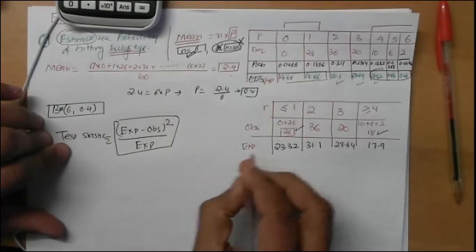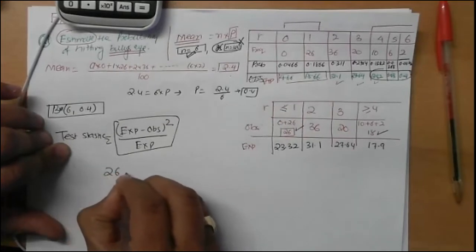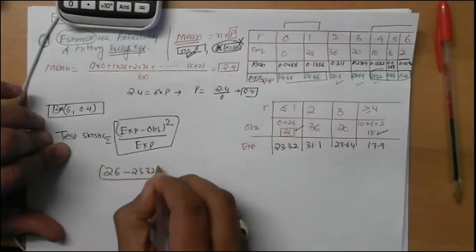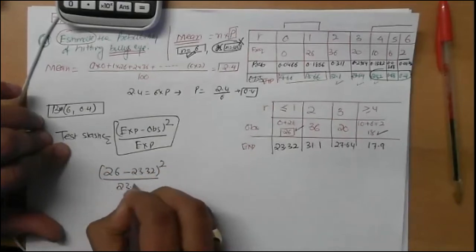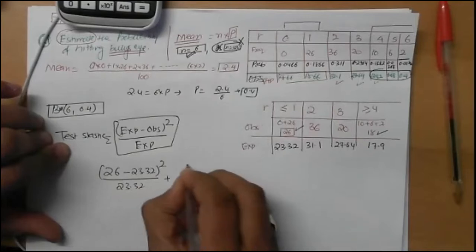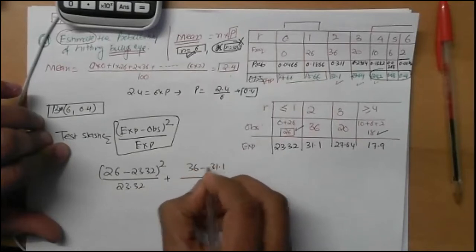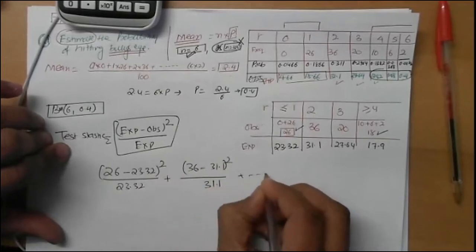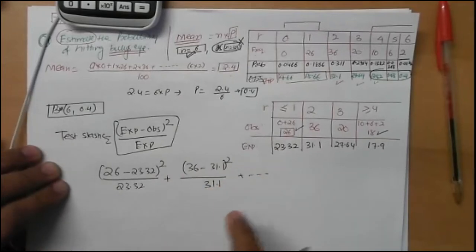So I will probably write here 26 minus 23.32 whole squared over 23.32, plus 36 minus 31.1 whole squared over 31.1, and so on, to show the examiner that I know what I'm doing. You can put that in the calculator and work that out yourself.